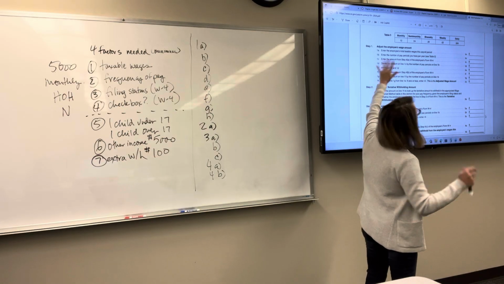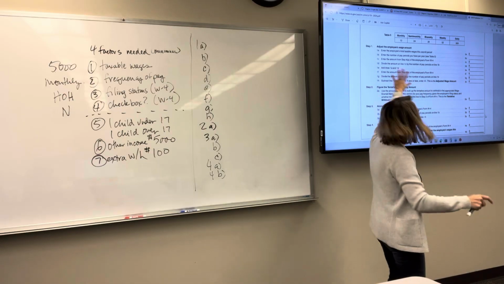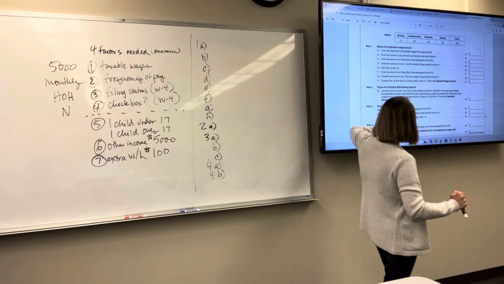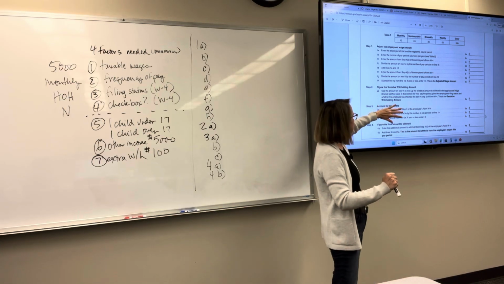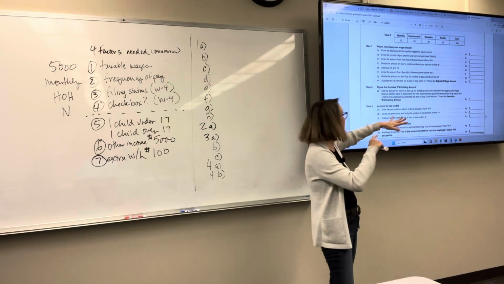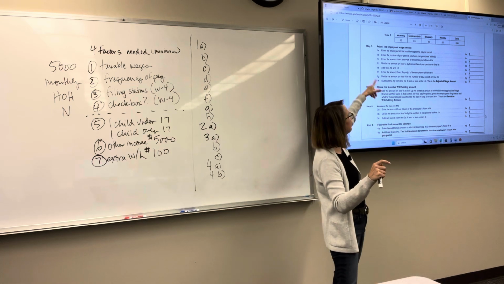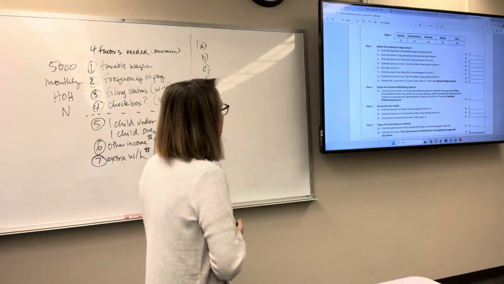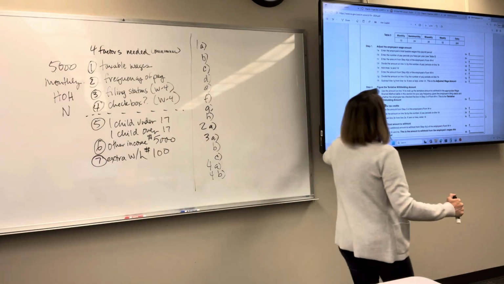Well, I guess it kind of does. No, I'm going to take that back. Never mind, because they talk about step 4 up here. I guess the only thing that really applies is step 3 and step 4. This pertains to step 3 on the W-4. This pertains to step 4 on the W-4, but there's some information up here that also pertains to step 4 on the W-4. All right, so let's go through these one by one.